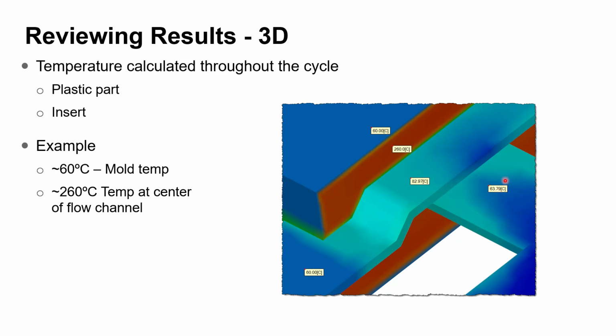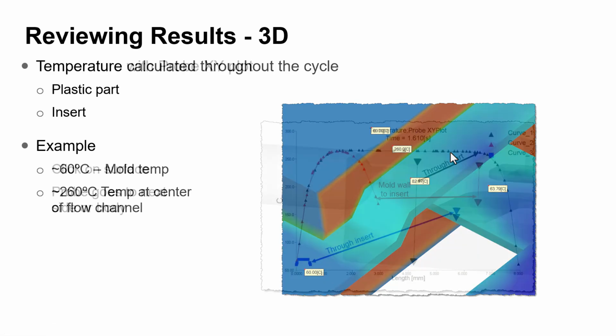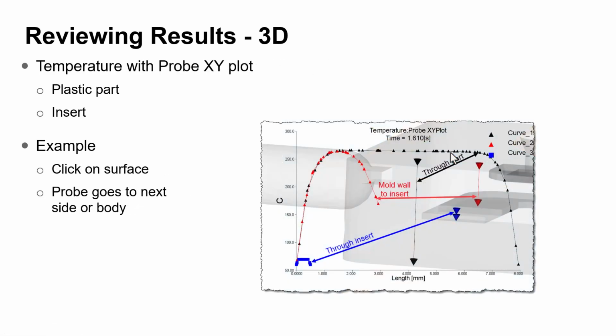So this is the insert temperature, and this is the temperature of the polymer at the skin as well as at the intermediate layers. So this is the complete thickness, and this is your insert running inside the plastic part. We can use the probe XY plot to check going across from the surface to the insert, and it will let you see how the temperature of the insert is as well, right?